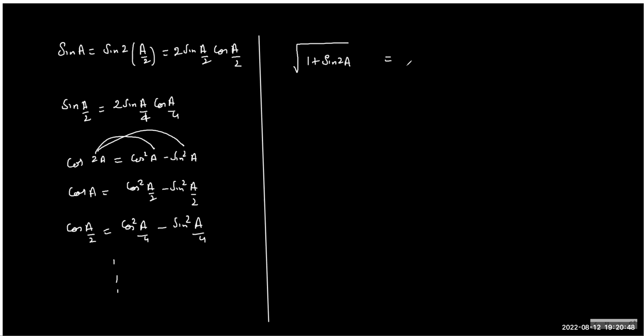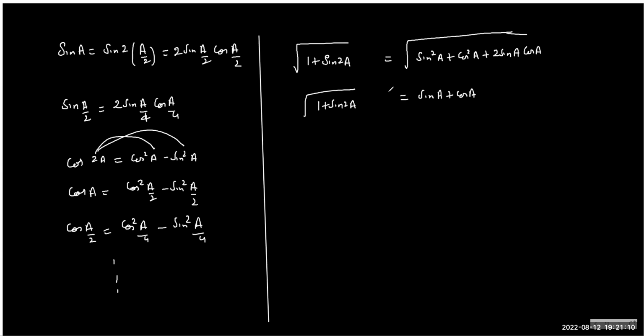One can be written as sine square plus cos square. Yeah. So this is basically sine square A plus cos square A. And sine 2A we can write as 2 sine A into cos A. And this is A plus B whole square, right? So this is interesting that this root we can always get rid of. Very good. Simple manipulation. Sometimes it doesn't look like that. We can play with 1 also. In Trigo, we can play with 1 a lot, and we can convert 1 into desirable formula.